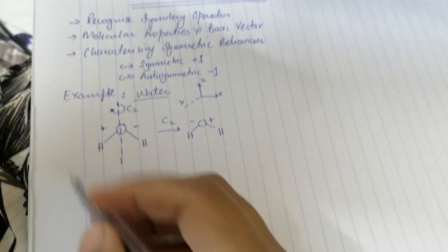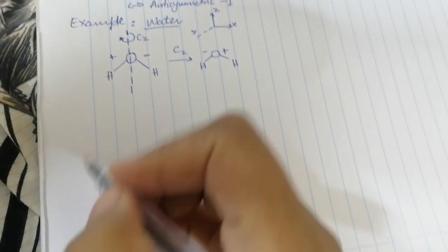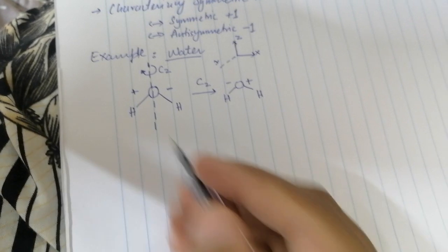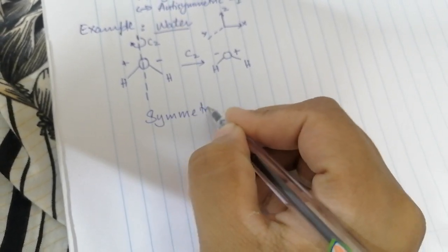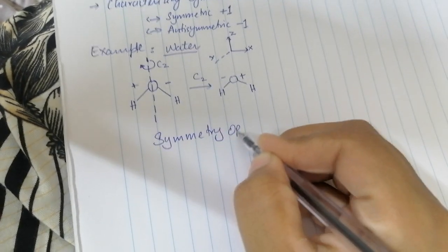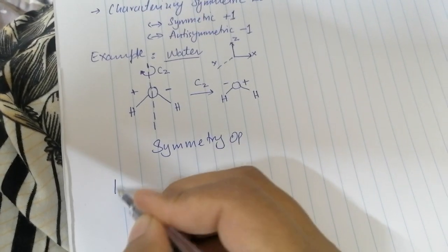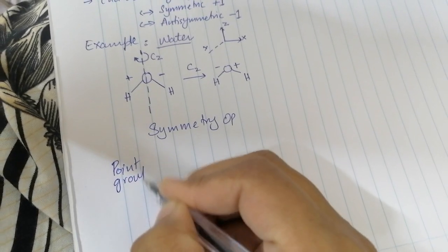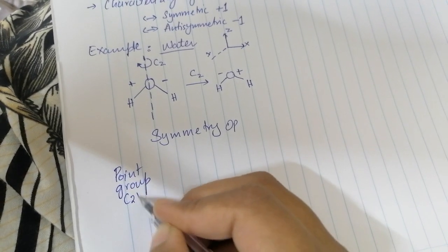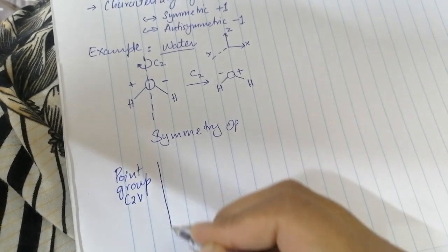Let's look at the example of the table. How are we going to tabulate these results? For the symmetry operations, we put the point group, which is your C2V, in the first column.